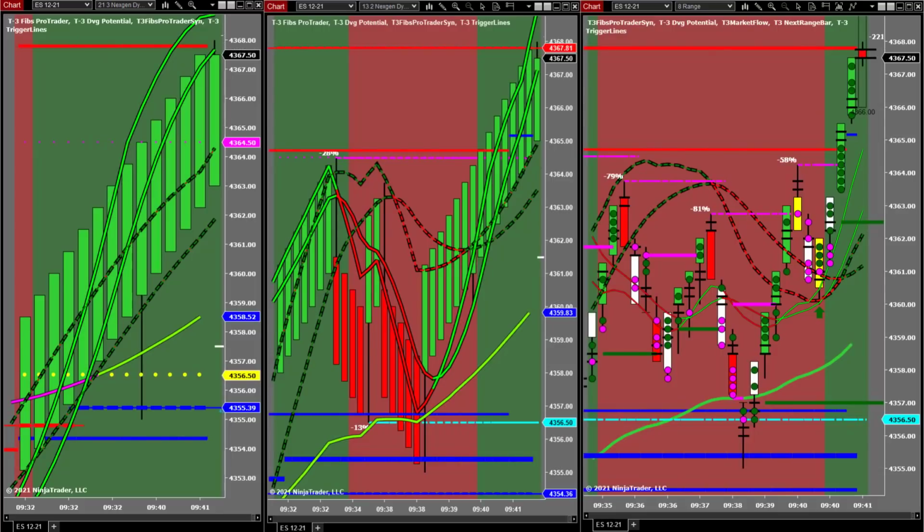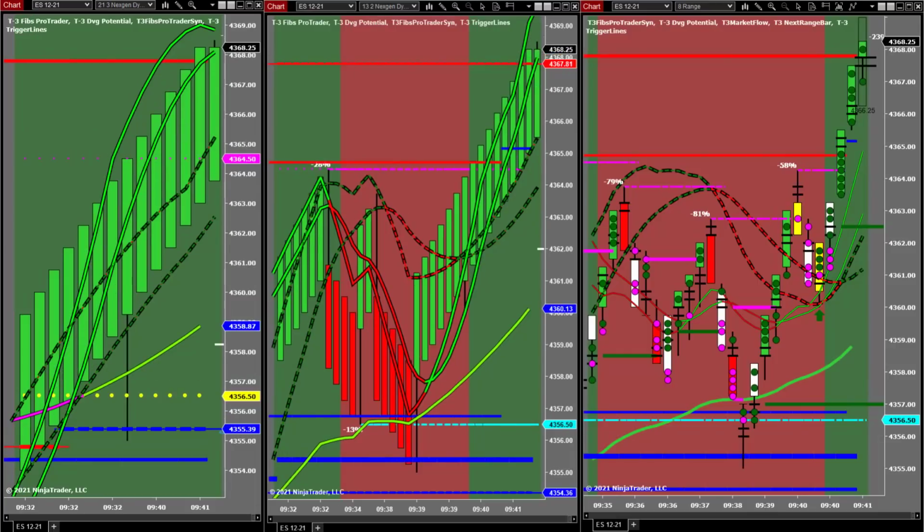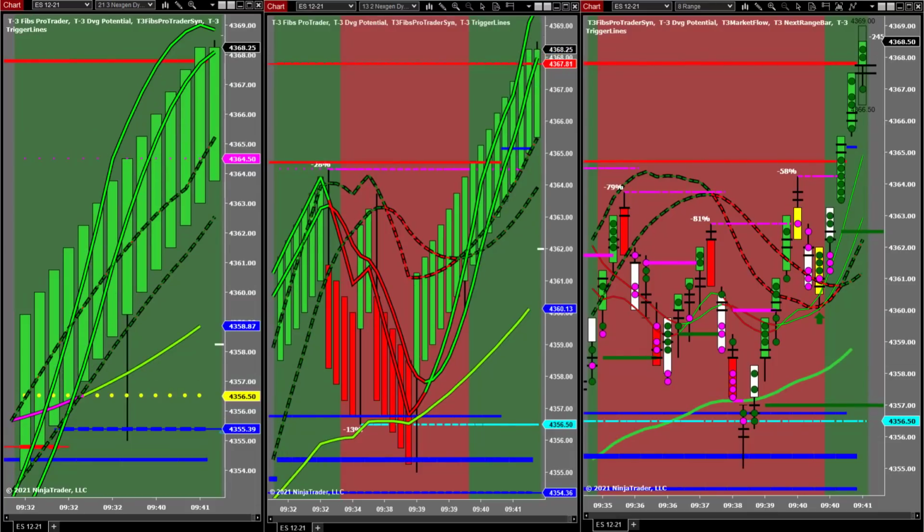That's the target. 12 points right there. So that's usually it right there. Triggers are still strong, so we might keep going up a little bit. But anyway, this trade looks very easy after it happens.